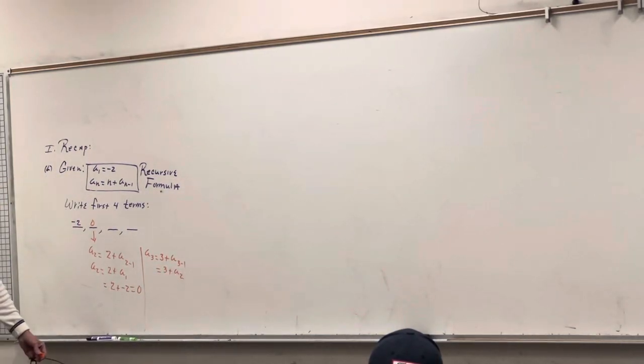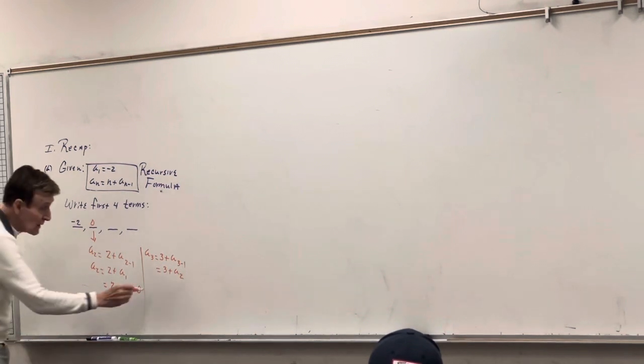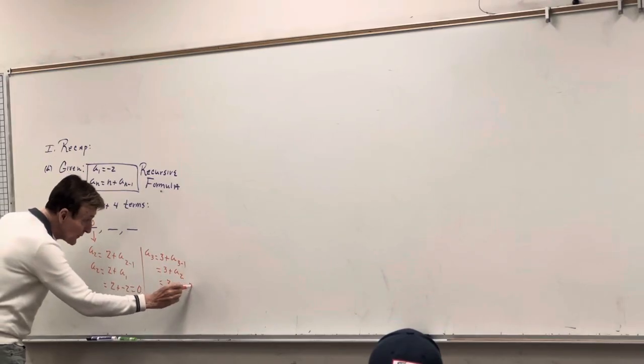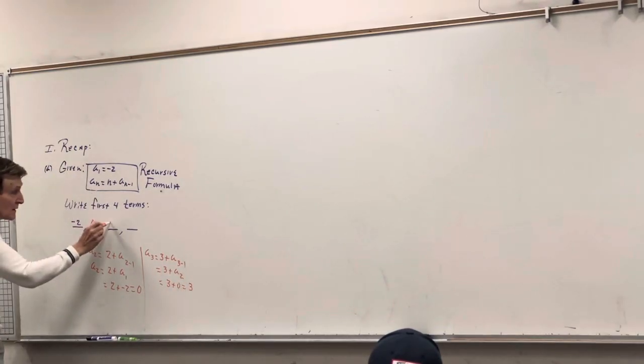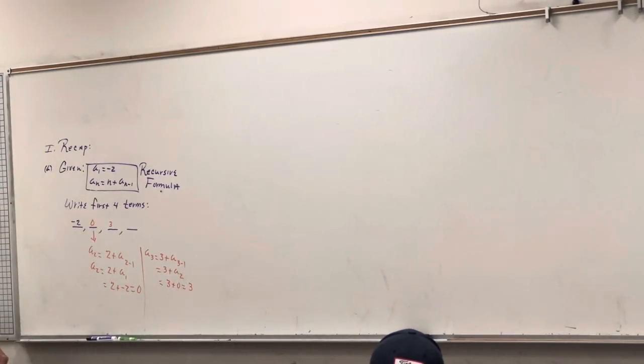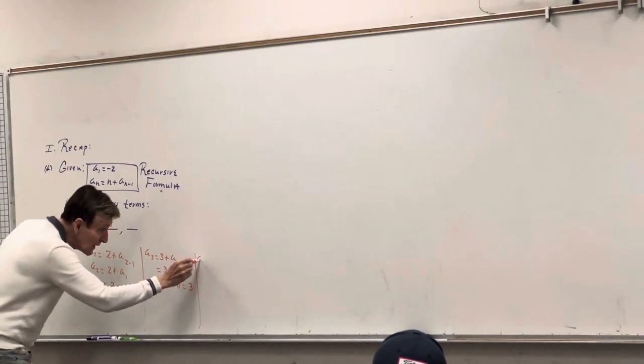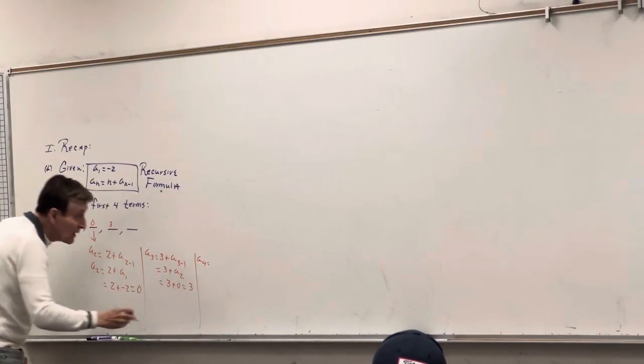And we just discovered A subscript 2 was 0. So this becomes 3 plus 0. Therefore, the value of the third term in that sequence is 3. If I recall correctly, I think that's what we got yesterday. Is that true?